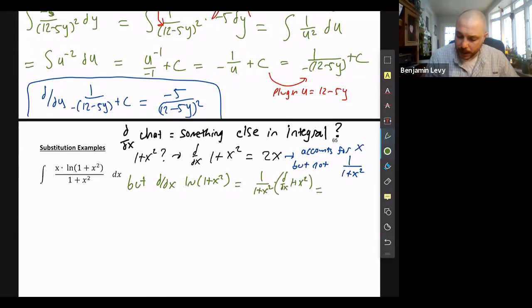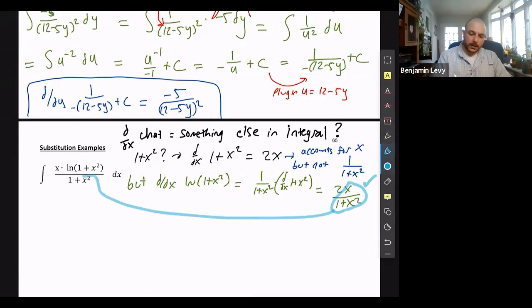So that's going to end up being 2x over 1 plus x squared. And that's nice because this is part of the problem. Right? We're going to account for the x over 1 plus x squared. Let me highlight it in here. Right there. Not the 2. We'll have to think about what to do with that 2. But I'm just trying to show why we want u to be the ln part.